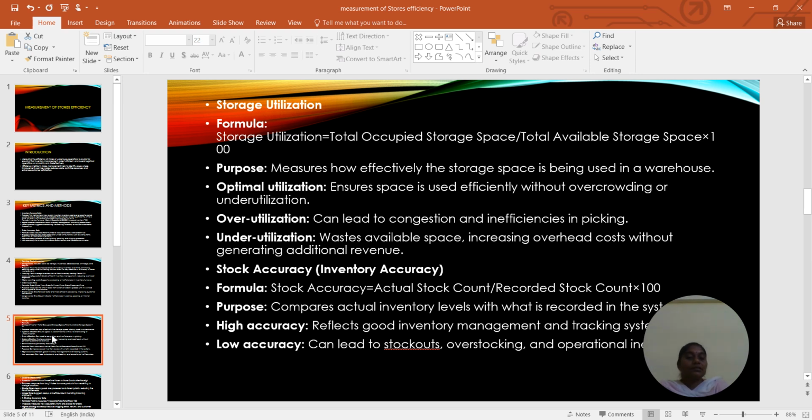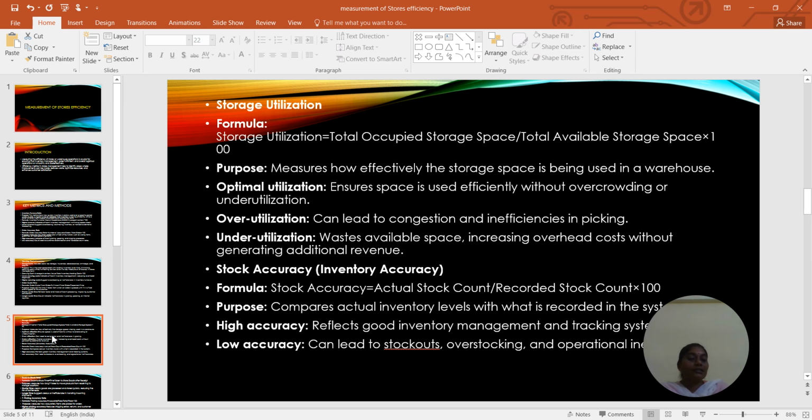And next one is the stock accuracy or inventory accuracy rate. It compares the actual inventory levels with what is recorded in the systems. The gap is what we calculate in the stock accuracy.